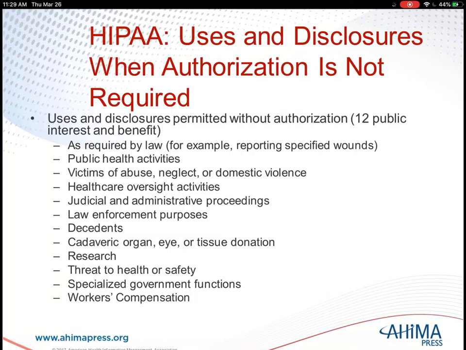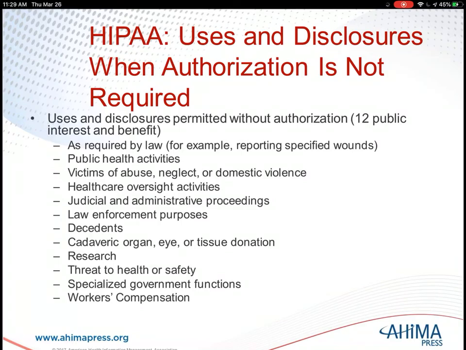All right, 3, victims of abuse, neglect, or domestic violence. Now, so again, as reporting to the authorities, we also have to report. Let me go back and read the bottom of this.